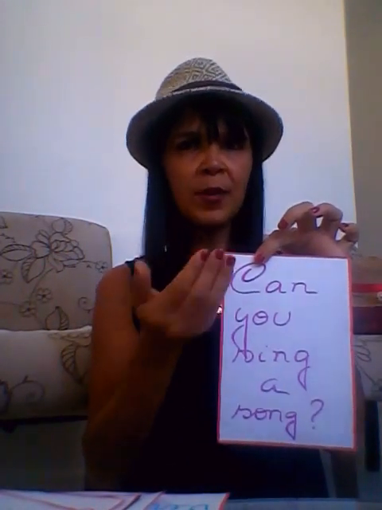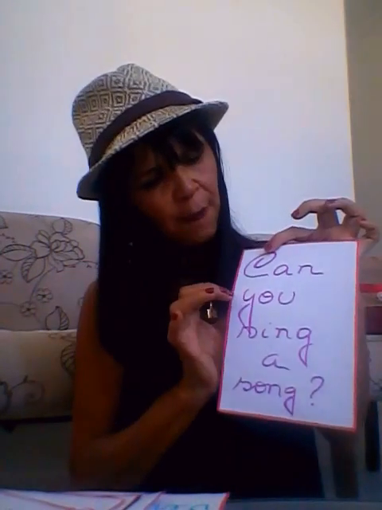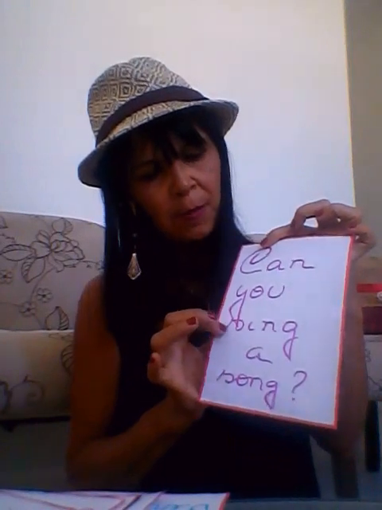Of course, yeah. I brought here an example for showing you. Nádia, can you sing a song? Notice that now we have can, the modal verb, at the beginning of the sentence. After that you have you, the subject pronoun, yeah? The main verb and the complement. So, can you sing a song?